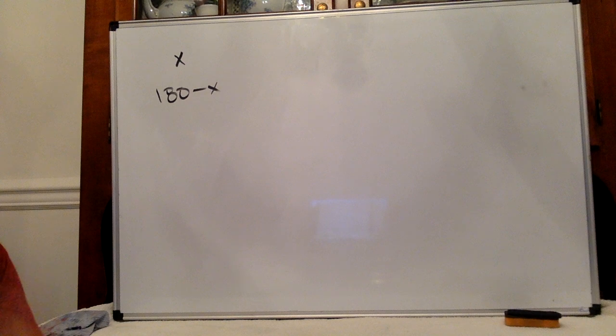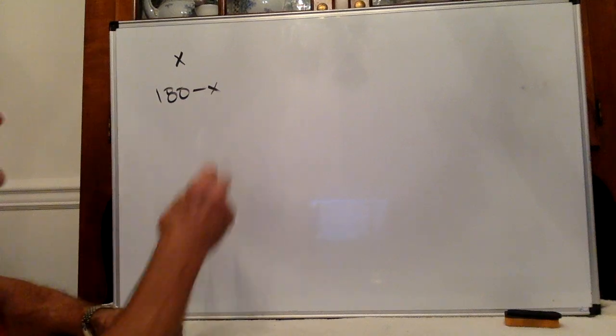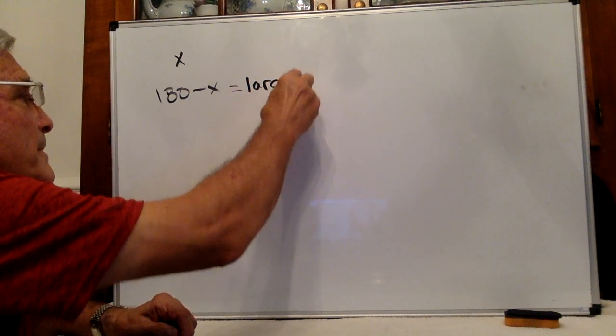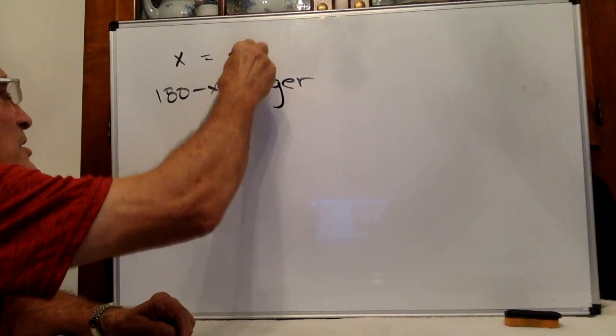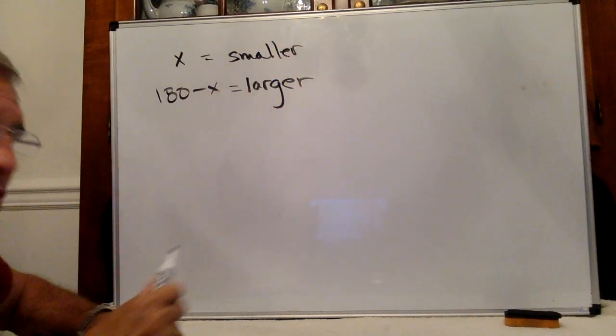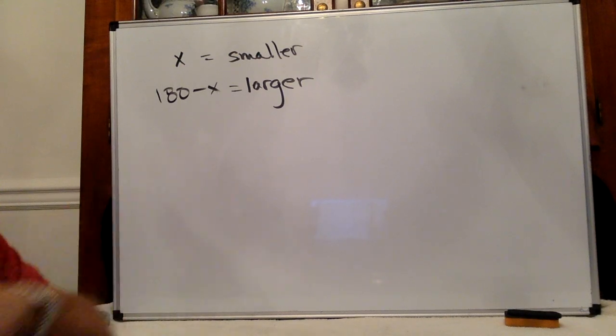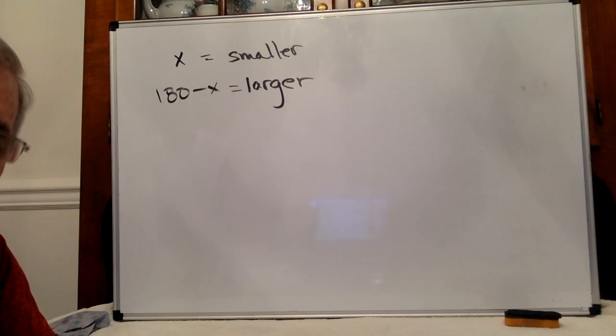Now, in this case, you can name either angle, the smaller angle or the larger angle. I'm going to say let this be the larger, so x is the smaller. If you want, you could do it the other way. I picked this way because it's going to make the problem a little bit easier.